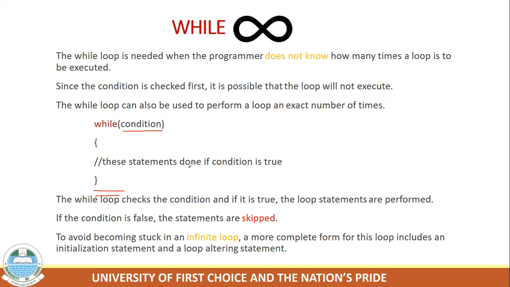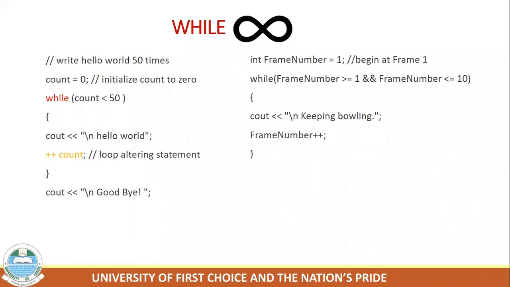We'll see that in the next example. Let's see how we can execute our earlier example using a while statement. We did this using the for statement, so let's see how we can use it in a while statement.